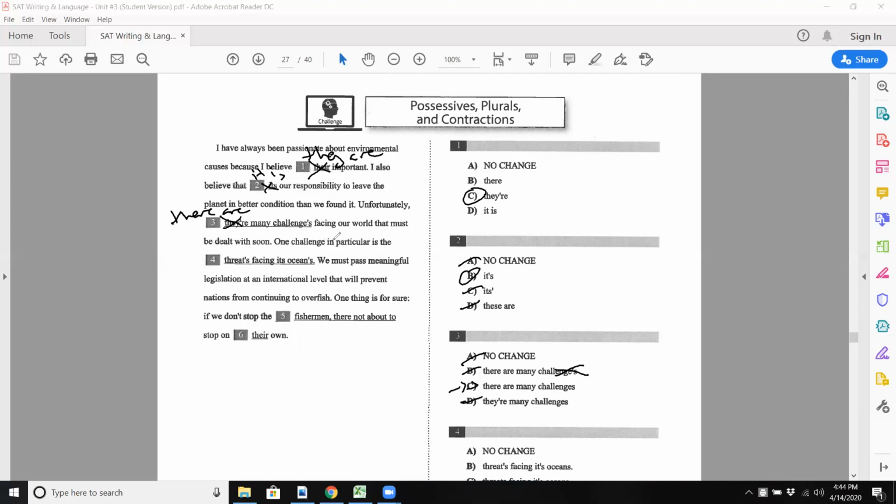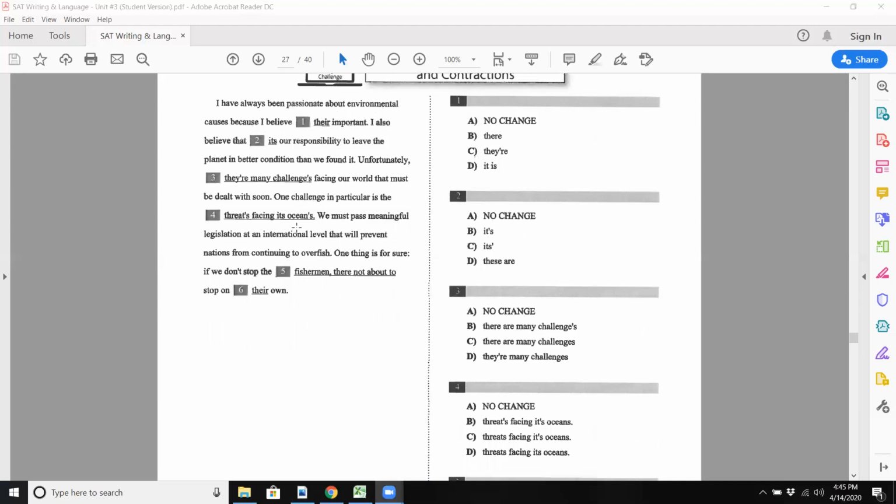There are many challenges facing our world that must be dealt with soon. One challenge in particular is the threats facing the oceans, or facing its oceans, the oceans that belong to the world. Yeah, so I would go with that one.